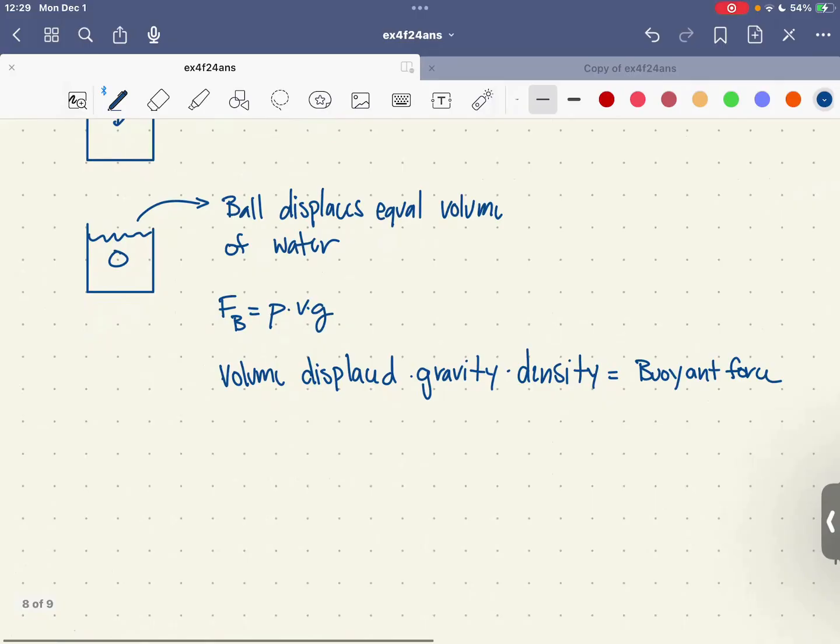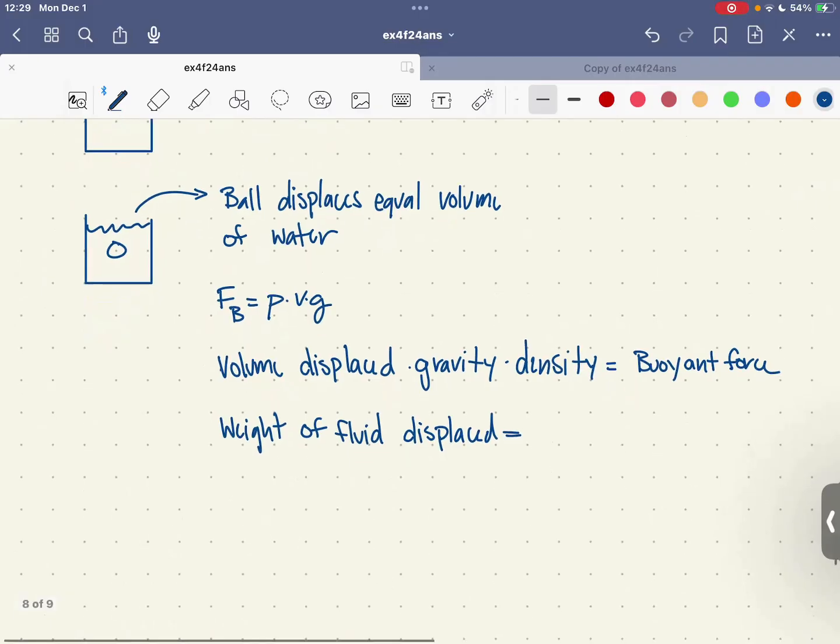So let's say weight of fluid displaced is equal to the buoyant force.